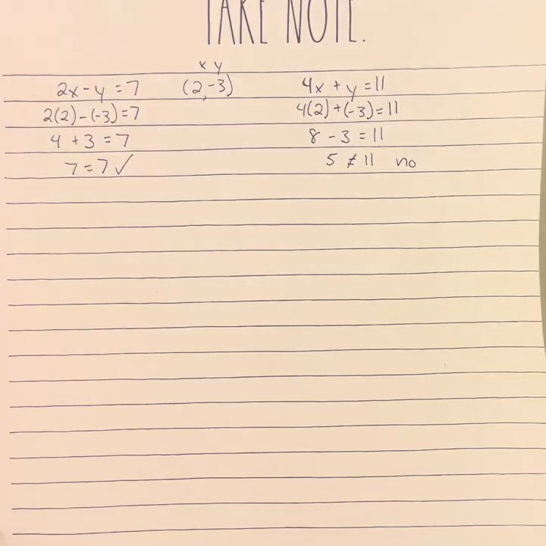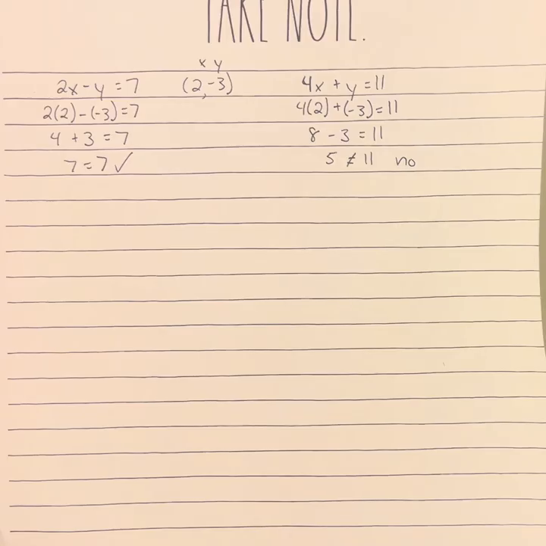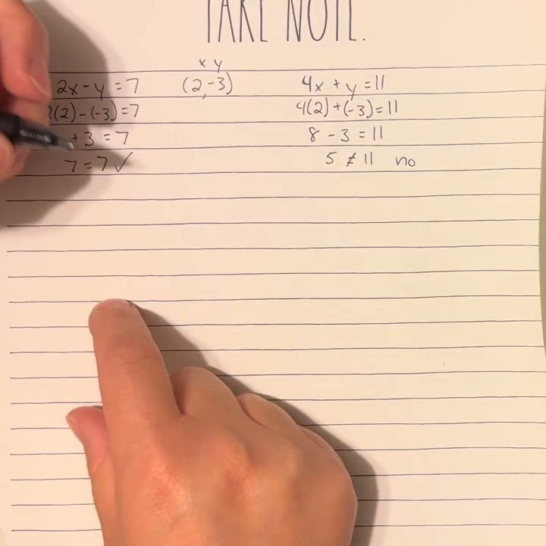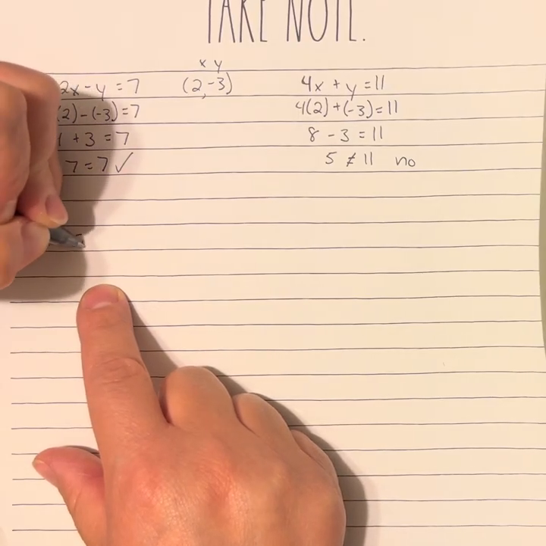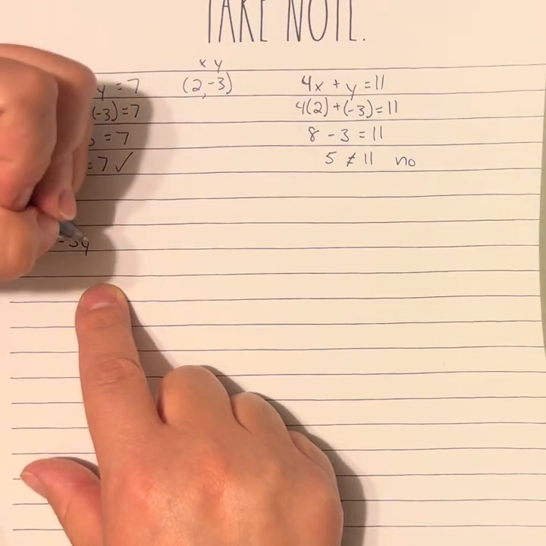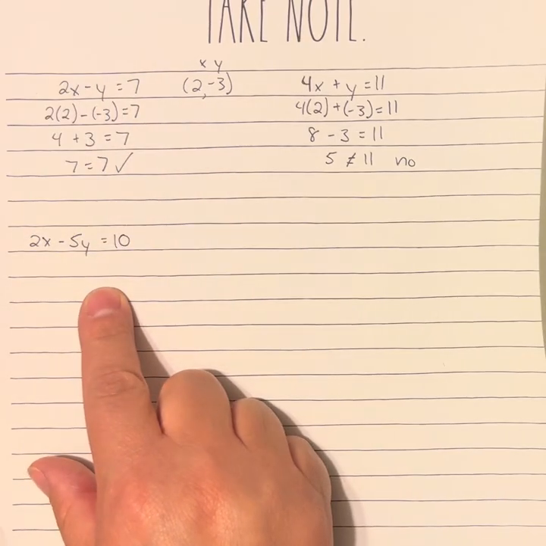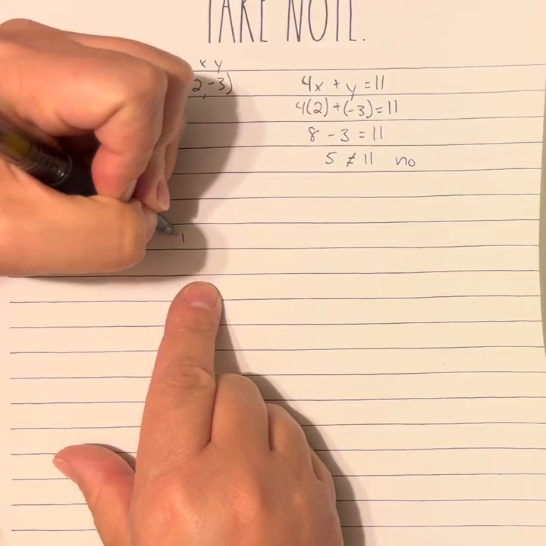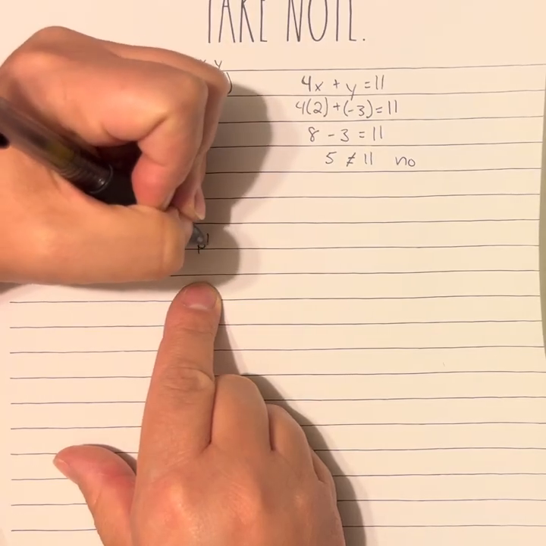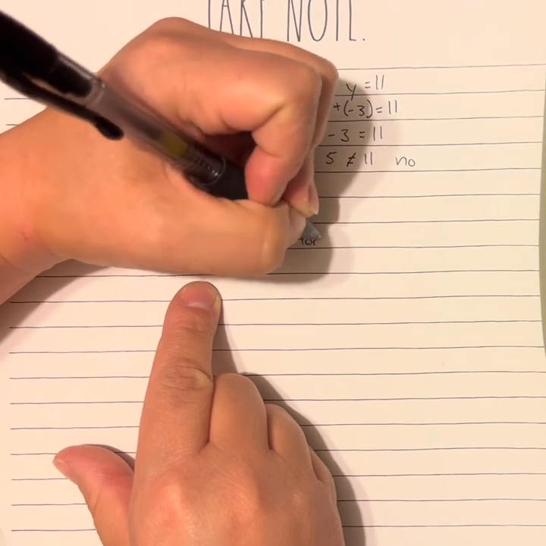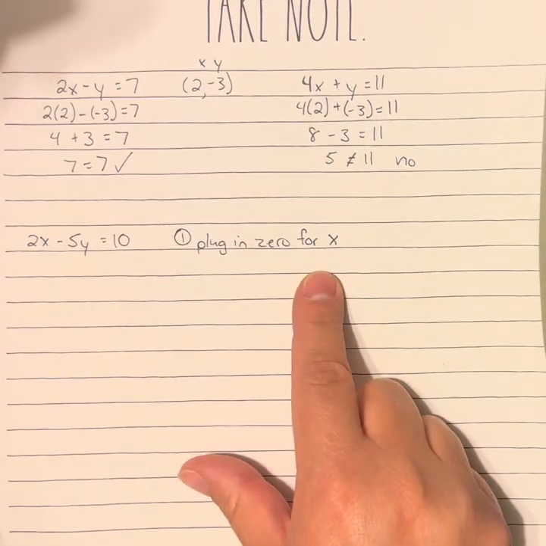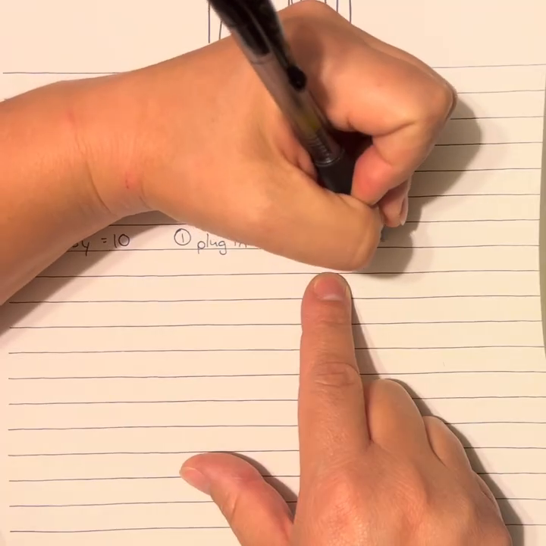So that's one type of question you might be asked about for equations of linear functions in standard form. Another is just to find the x and y intercepts. So let's say our equation is 2x minus 5y equals 10. Step 1 is you're going to plug in 0 for x. That is going to find you the y-intercept.